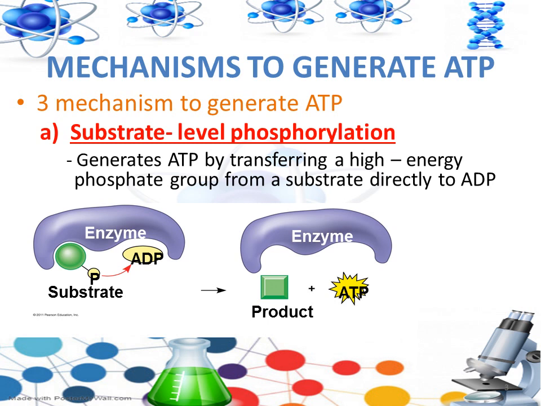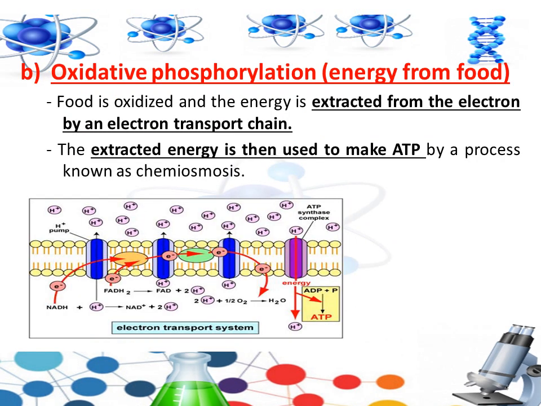This substrate level phosphorylation we can look at when we learn about glycolysis and also the Krebs cycle. And then the second mechanism is oxidative phosphorylation, energy from food.